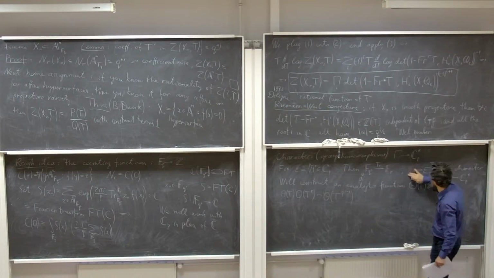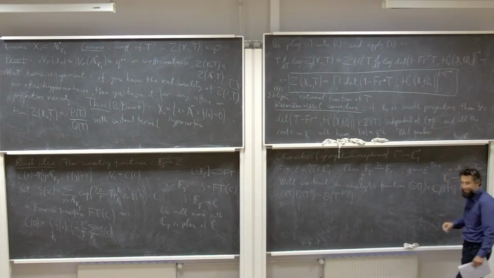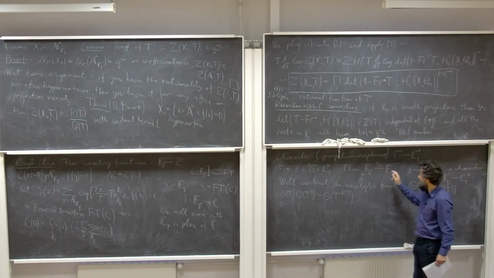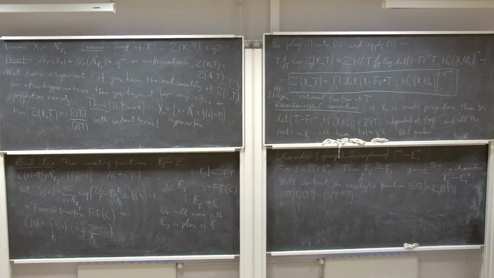Maybe A goes here, yeah. Right? So this is a character from this finite field to the multiplicative group of the Tate field.